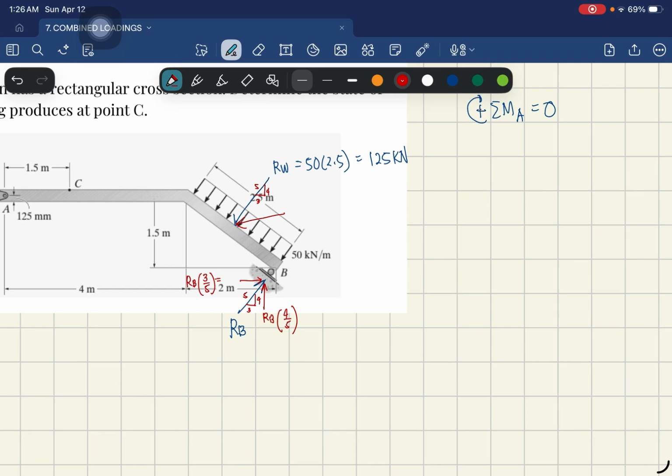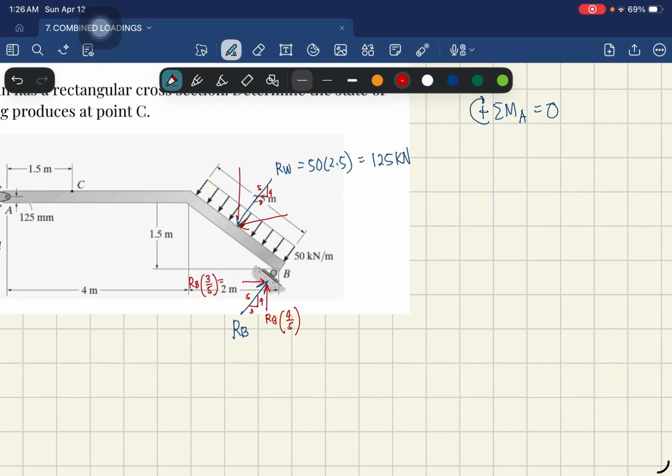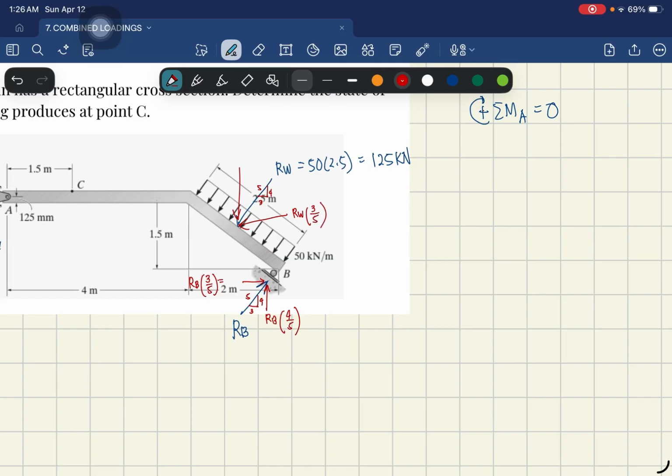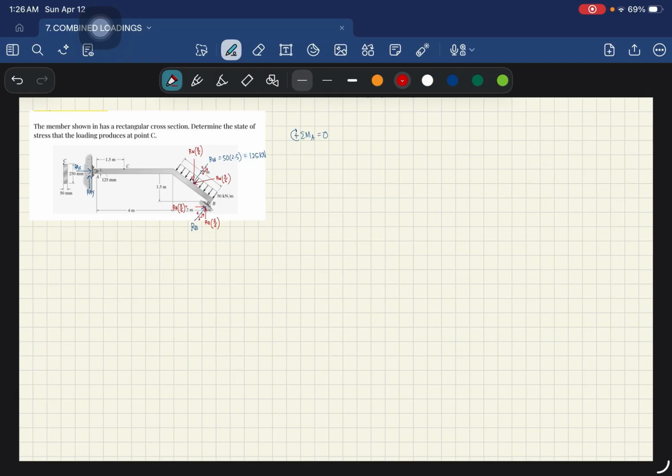Then, dito naman may horizontal and vertical component din to. So, RW, yung horizontal niya is 3 over 5. Then, yung vertical component, 4 is to 5.